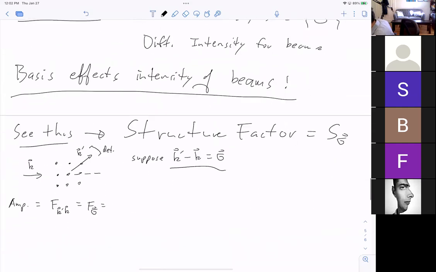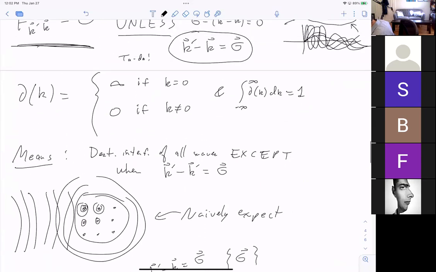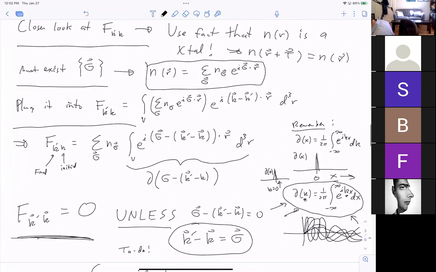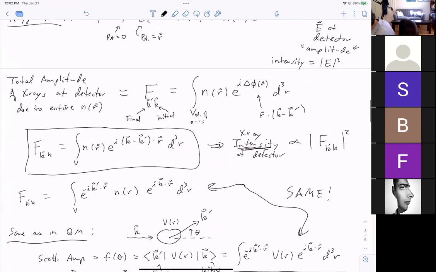And that total amplitude, we're just going to use the formula that I had before. Here it is, you see it right there, F of K prime.